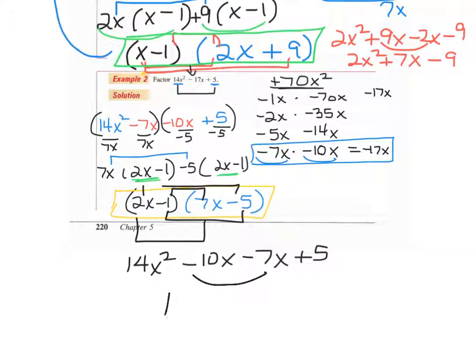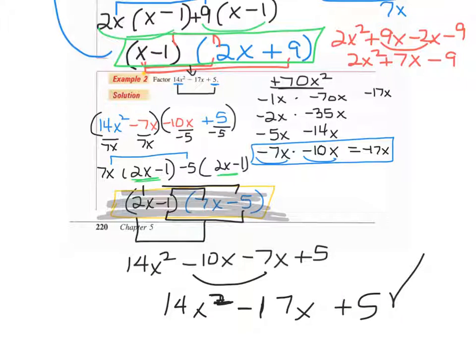So when I group the middles, I do indeed get negative 17x, and it did go back to my original. So it checked. So my final answer here is correct. It's the 2x minus 1 and the 7x minus 5. Again, the order doesn't matter.